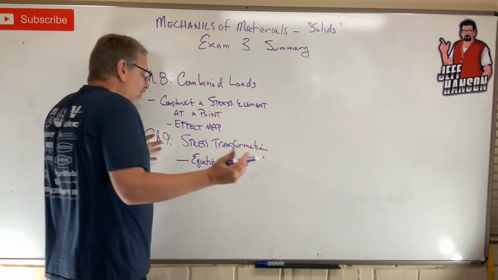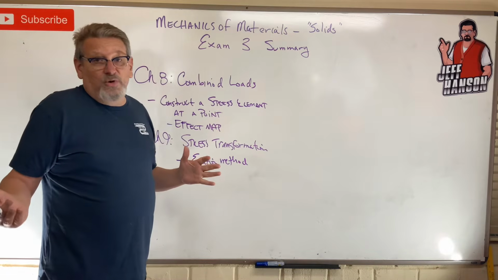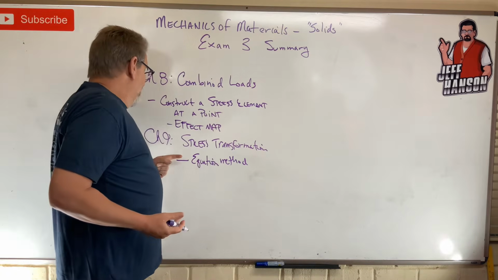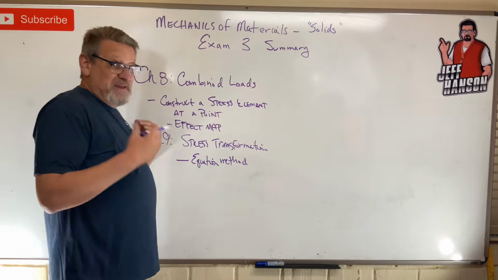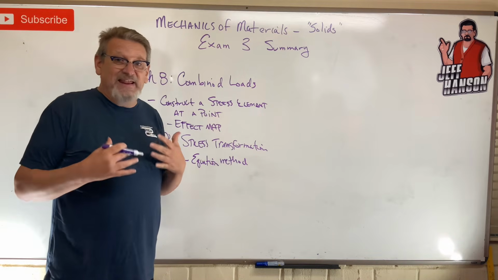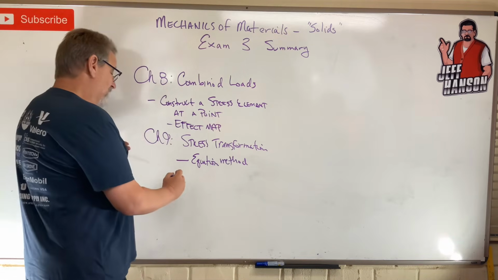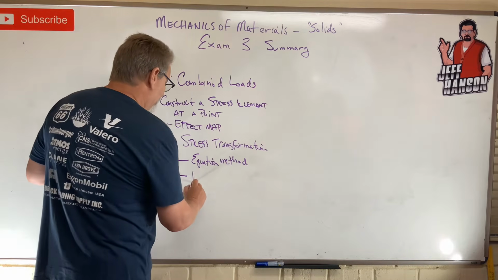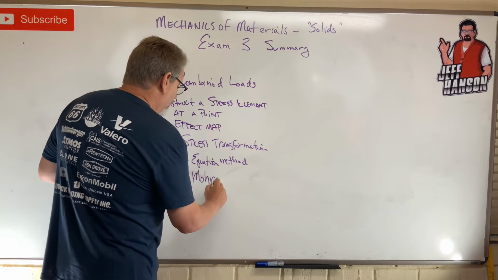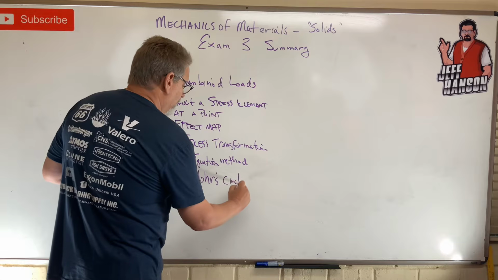Now, some of you, your professor may give you an equation sheet. If that's true, and maybe this is where you live. Me personally, I hate it. I hate it, okay? Because I can do everything with this one, Mohr's circle.